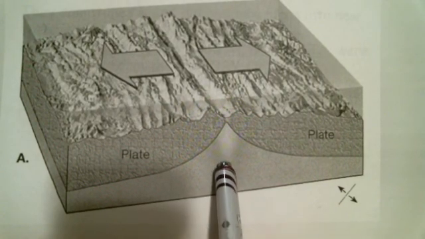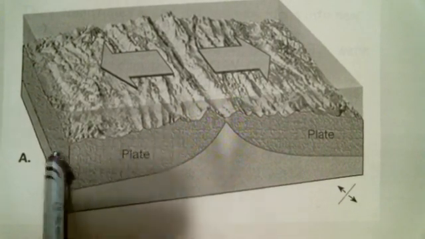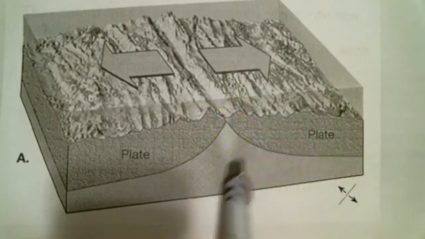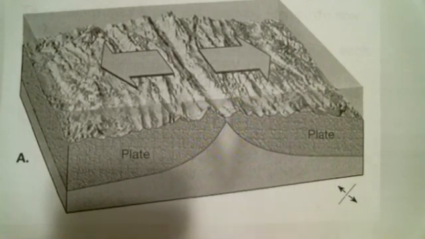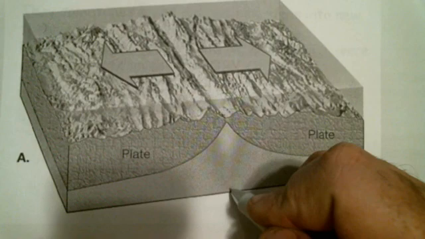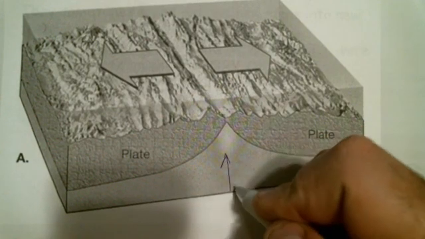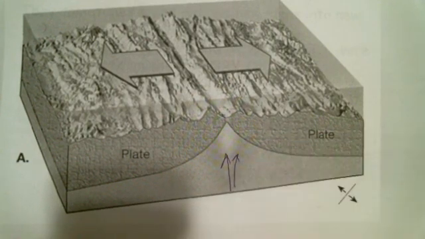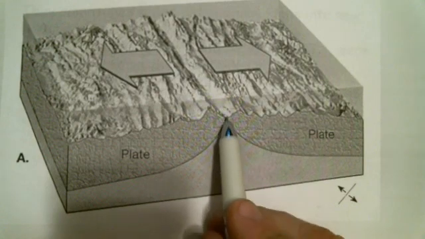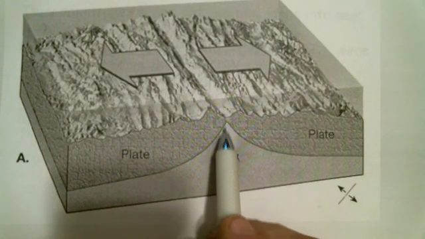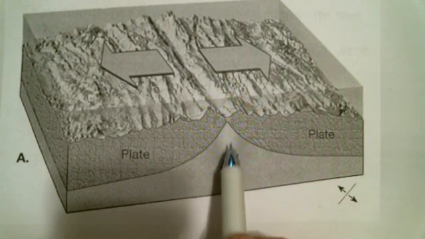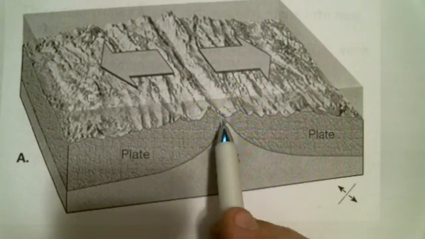So here is the ocean crust, and this is the mantle down here. And as the convection currents bring hot mantle up, it pushes the oceanic crust upwards, and so it rises up like that into sort of like a mountain range.